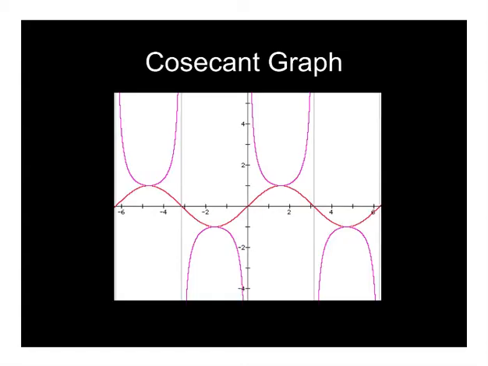Next one, cosecant. Once again, it is along the same lines as secant. What's the red graph the graph of? Sine. So let's go ahead and get rid of it. And you can kind of see cosecant has a lot of the same characteristics secant does. It doesn't go below 1, and it never goes above -1.